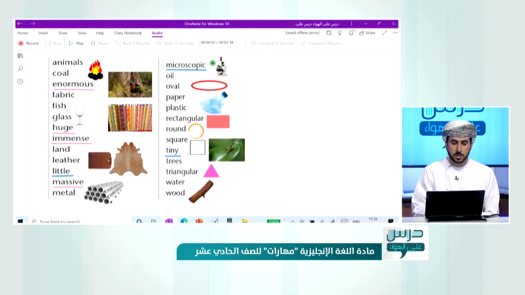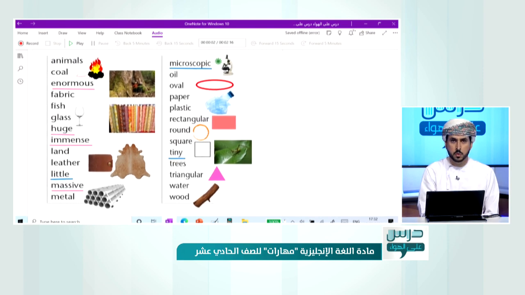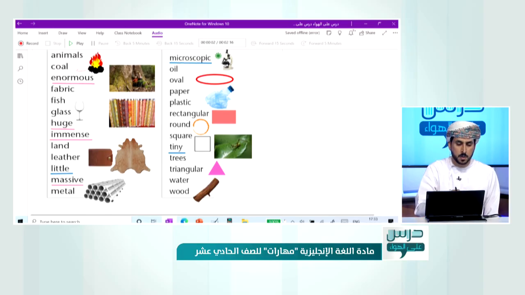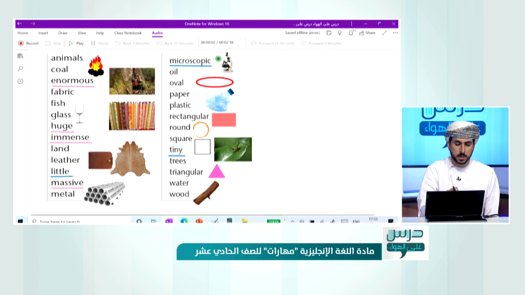Coal, as you notice here, is the thing that we use in order to make fire. Now, you can see that we have underlined words. For example, this one, this one, this one, and this one. These are underlined with a red or pink line.